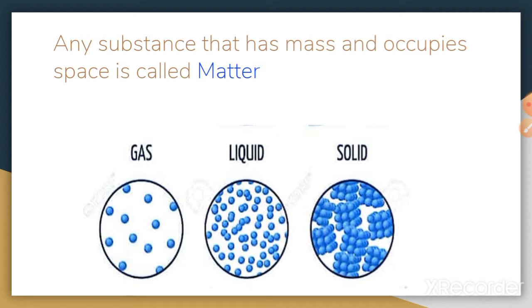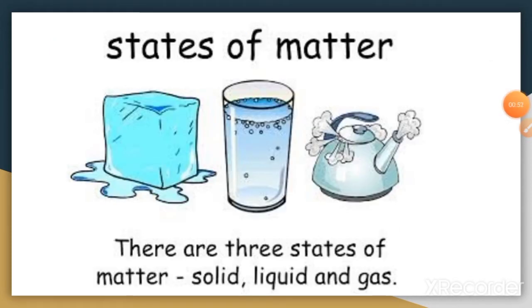Some substances are rigid, hard and have a fixed shape, like wood and stone, but some substances can flow and take the shape of their container, like water and milk. While there are forms of matter that do not have a fixed shape or size, such as air. And there are three states of matter: solid, liquid and gases.